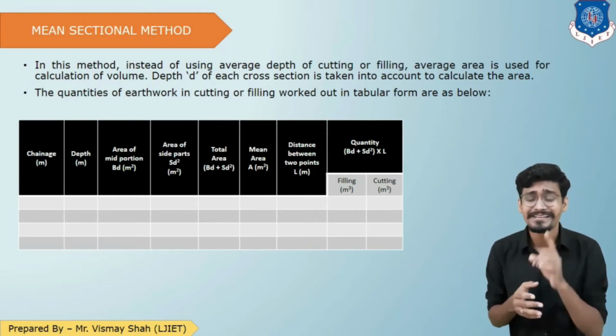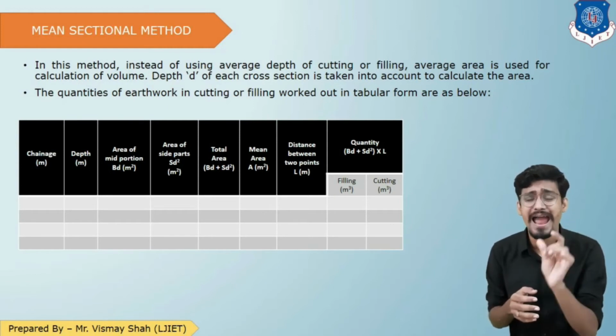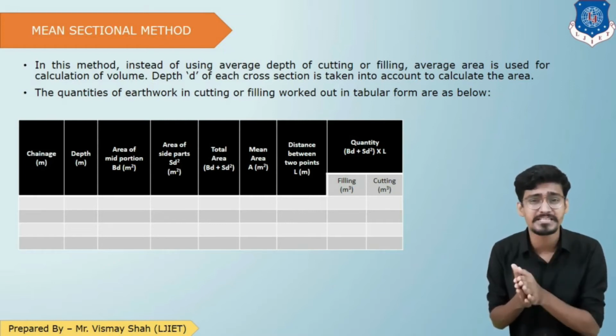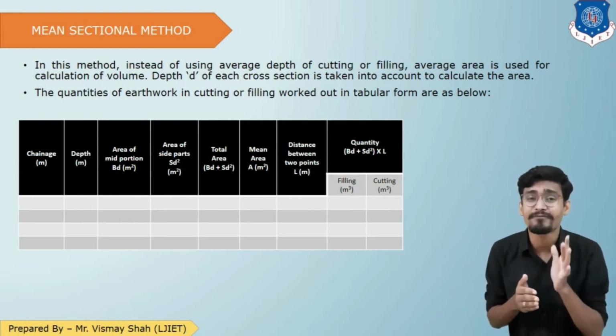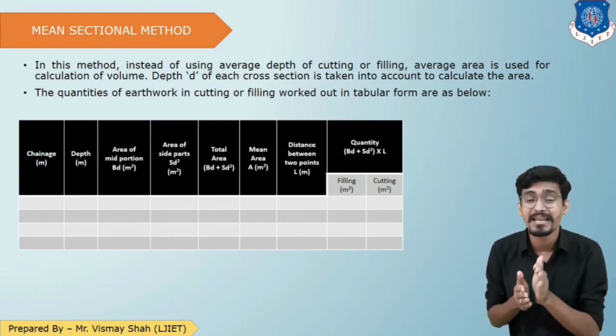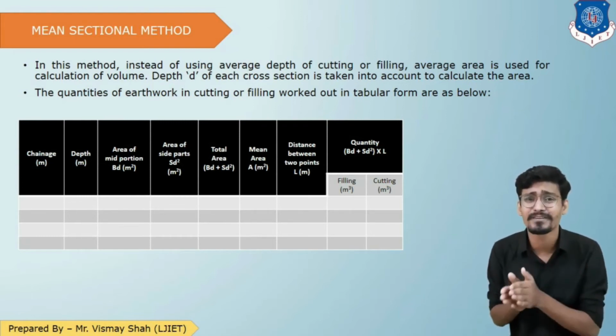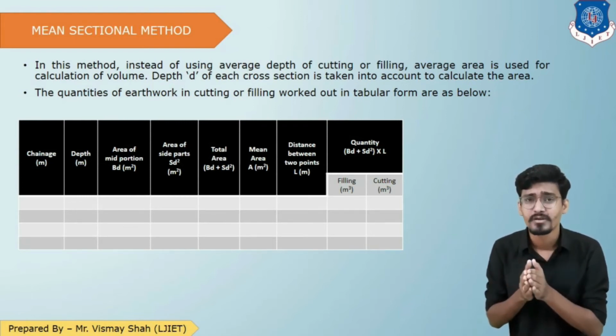Then, instead of finding the average depth, as we did in the mid-sectional method, here in the mean sectional method we directly find the area of the side portion and the area of the mid portion. Then there will be a column of total area, BD plus SD square.